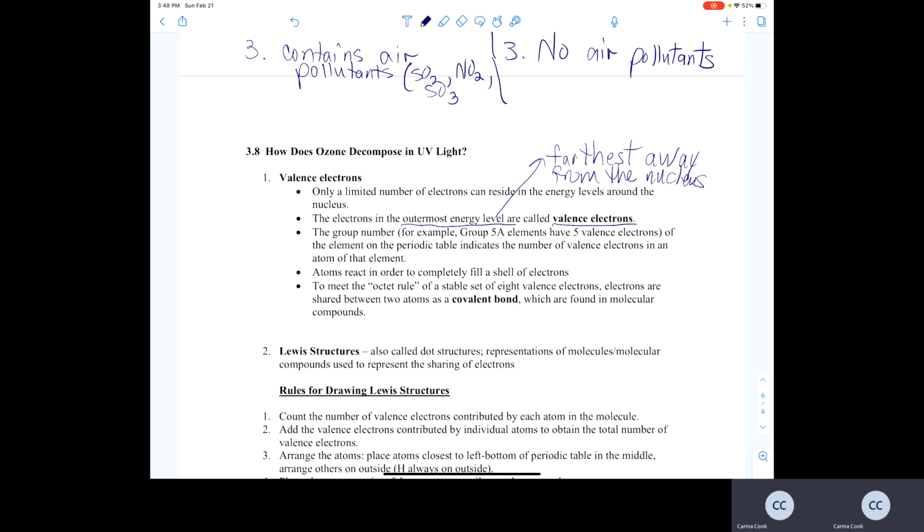And because they are farthest away from the nucleus, they can therefore be involved in forming the chemical bonds.